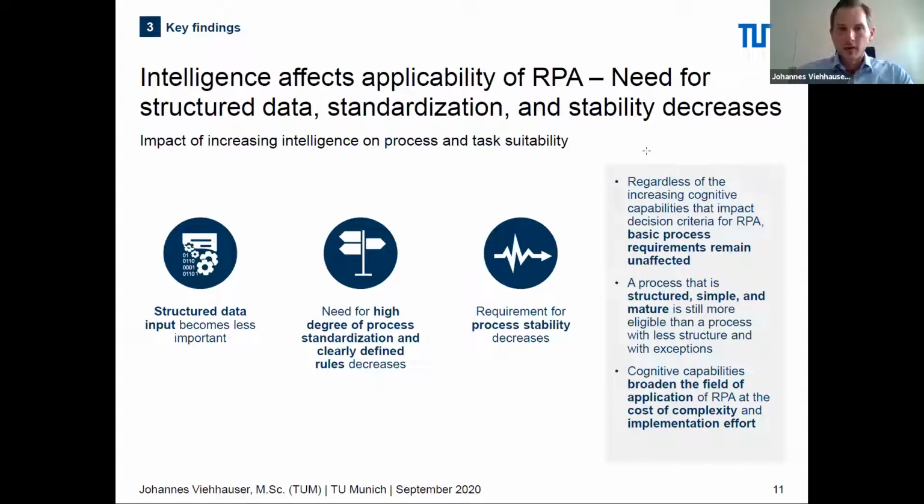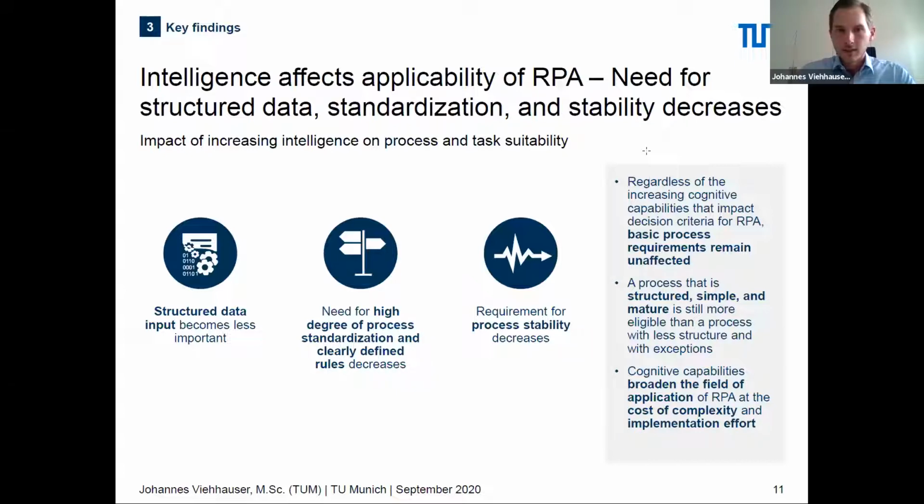Besides the question of whether RPA is intelligent, we also looked at the question, based on the case studies conducted, of how the increasing intelligence of RPA or RPA platforms impacts the applicability of RPA?